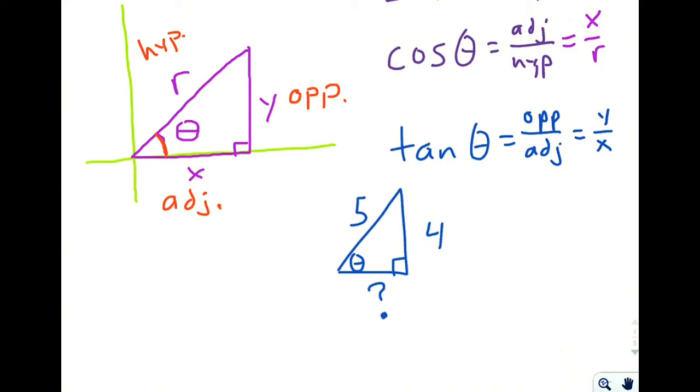We could use just the 4 and the 5 to solve for theta. Of course, we could always use the Pythagorean theorem and figure out that last side, but it's an extra step that we get to skip. If we know that opposite over hypotenuse is the sine function, we can use the fact that sine of theta is equal to 4 over 5. And we'll look at some examples of this.